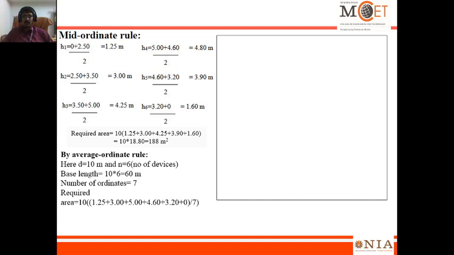I think you remember n plus 1, right? So if you obtain this, you will get the area as 161.14. Compared to the mid ordinate, in the average ordinate the area gets reduced. So you can check the accuracy.